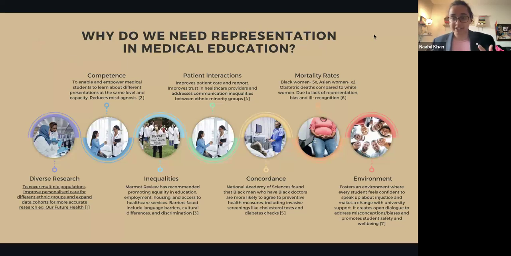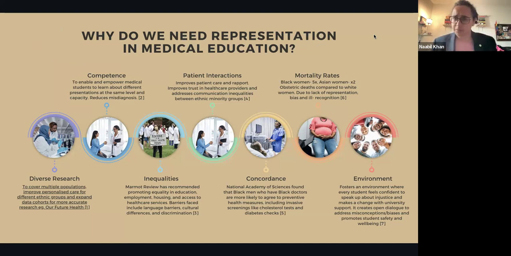So the first point is really diverse research. A case study includes Our Future Health, which focuses on this genetic biobank of people from different ethnic minority groups. And it creates this huge data cohort for diverse care and personalized care, which could very much trickle into the NHS and personalizing certain forms of medicine for certain ethnic groups.